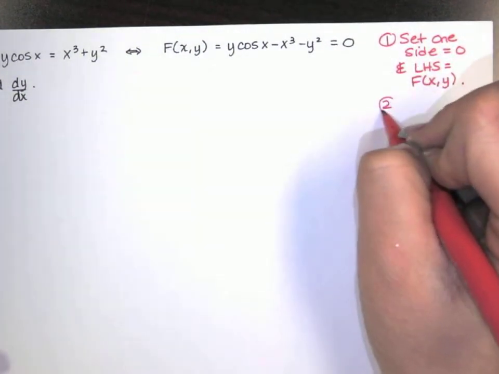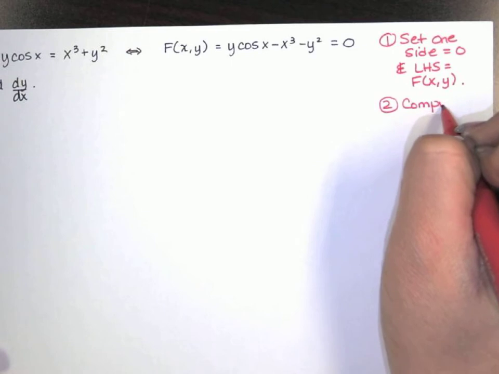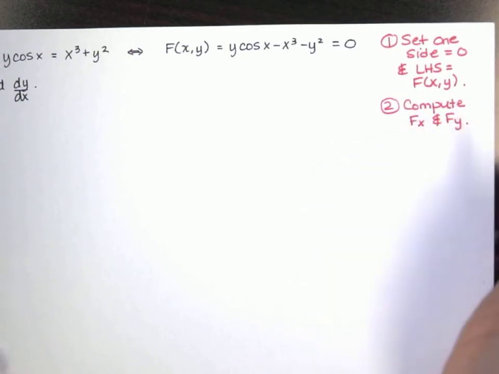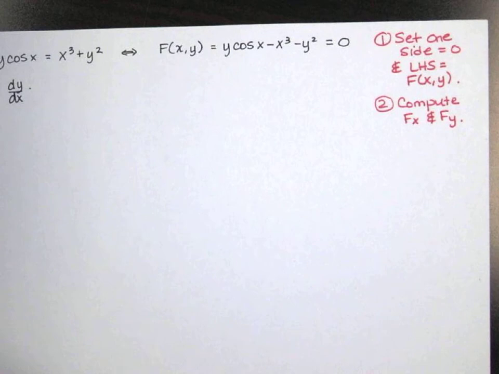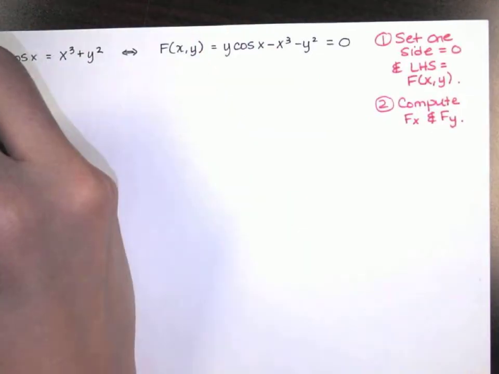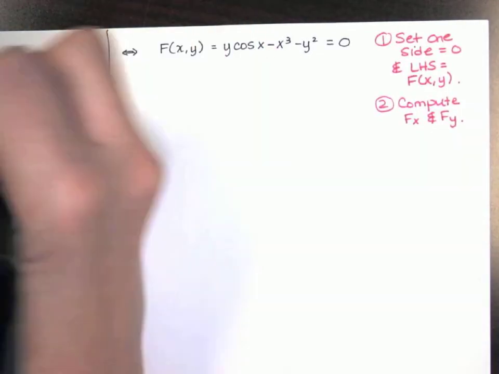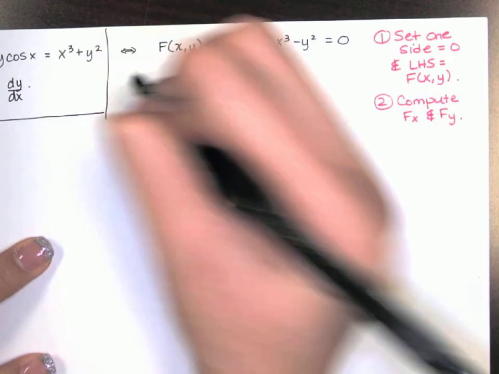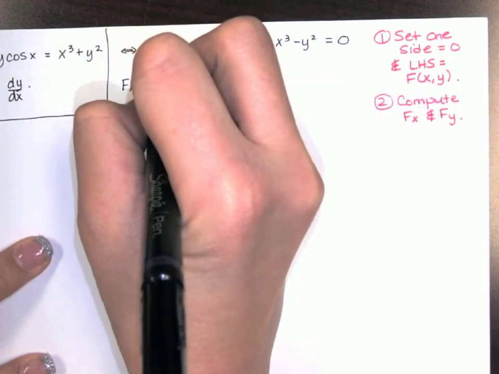And now we're going to compute those partials. Compute the partial of f with respect to x and the partial of f with respect to y. This is our problem statement. Now I'm computing the partials.